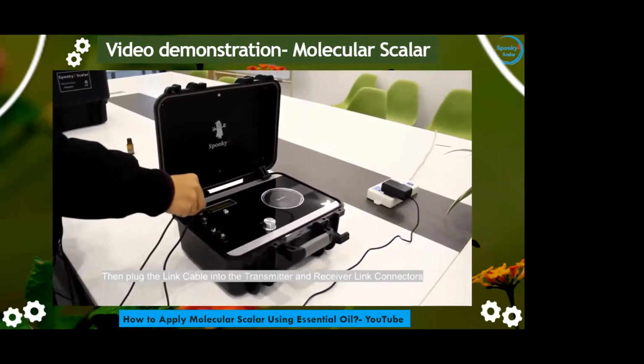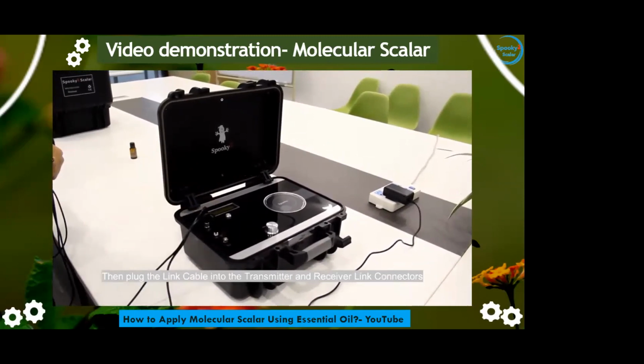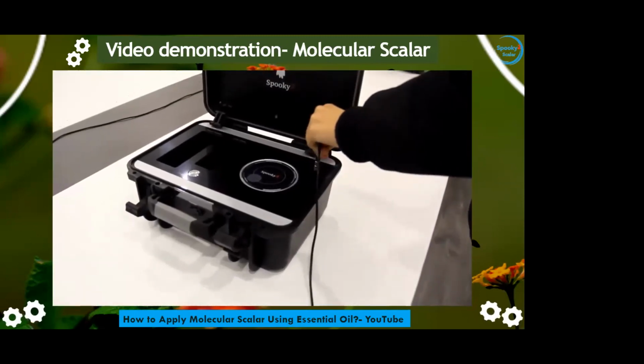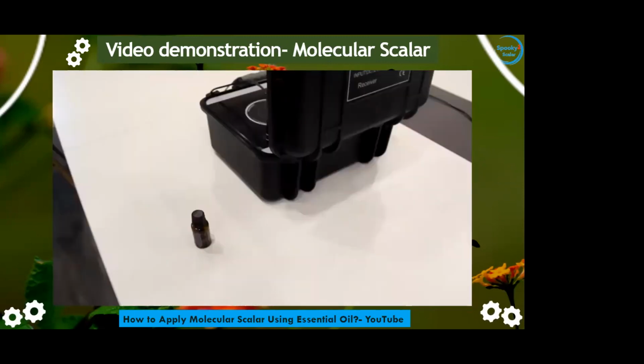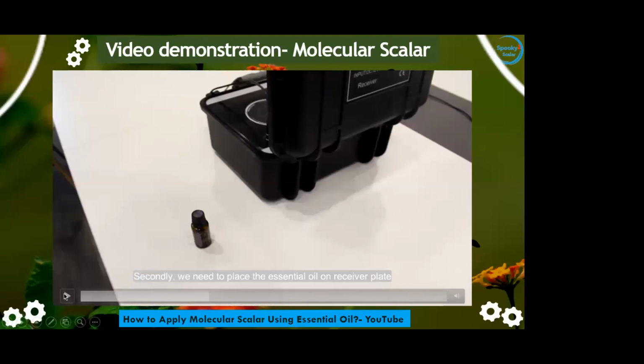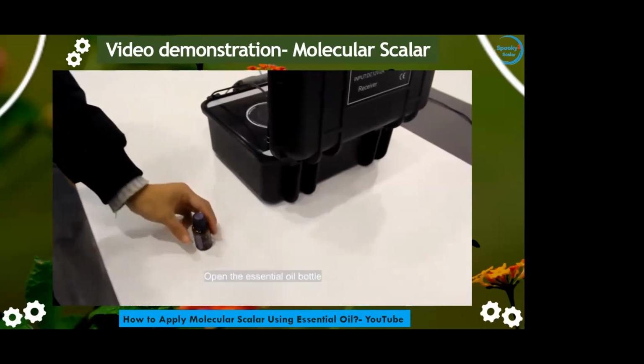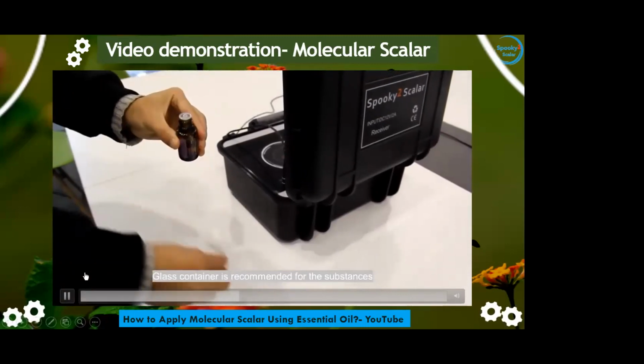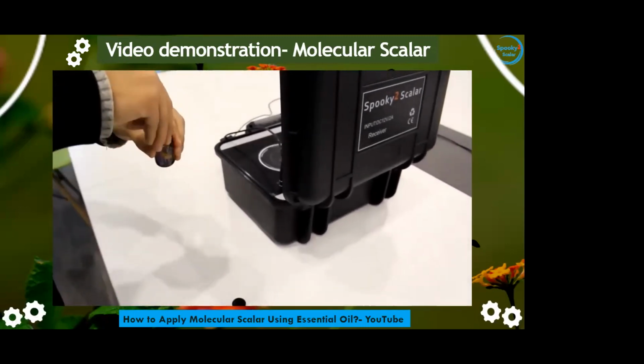Then plug the link cable into the transmitter and receiver link connectors. Secondly, we need to place the essential oil on receiver plate. Open the essential oil bottle. Glass container is recommended for the substances.